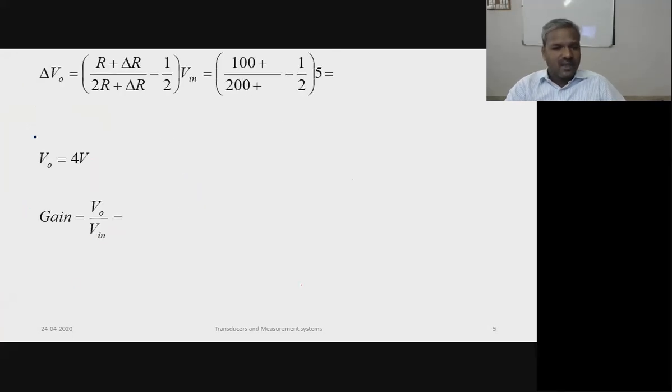You go here, del V naught. This R is 100 ohm. So all this del R is 0 at 0 degrees Celsius. At 0 degrees Celsius, del V naught equals (R plus del R) divided by (2R plus del R). See, this is very simple.